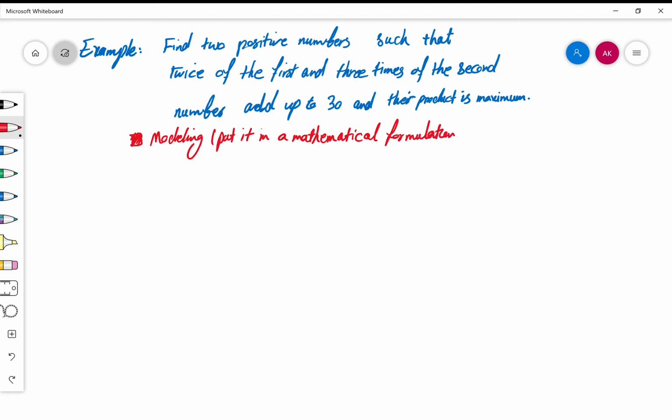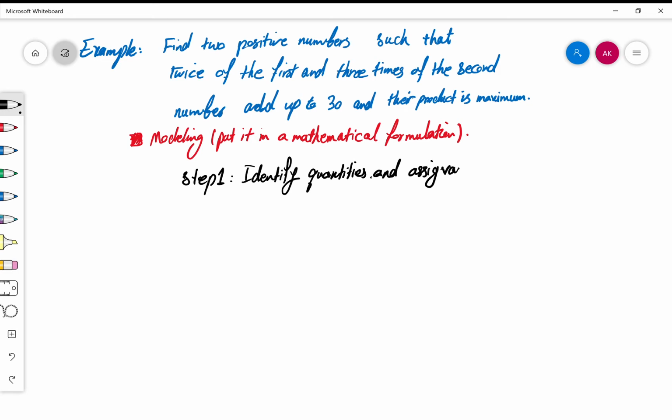That's the first step we have to take, and the steps to complete this modeling are: first, identify quantities and assign variables.